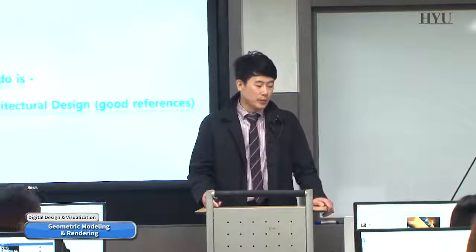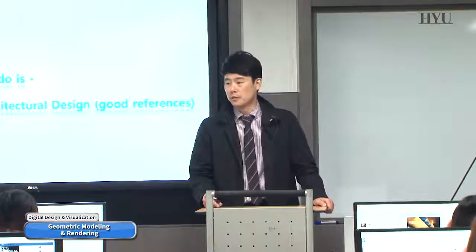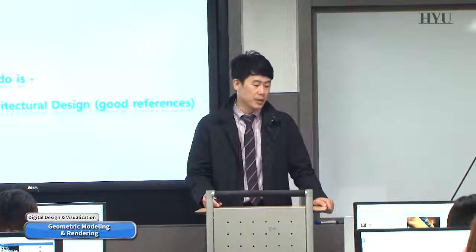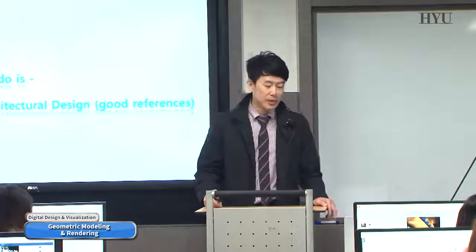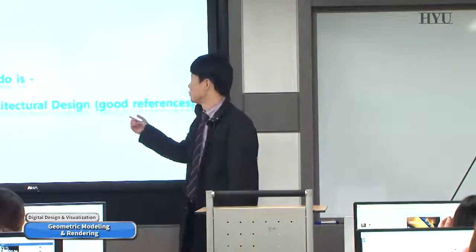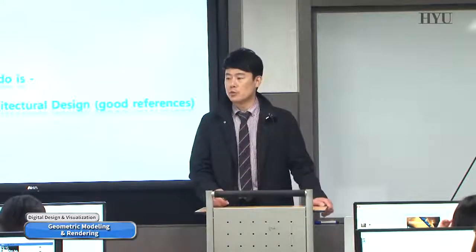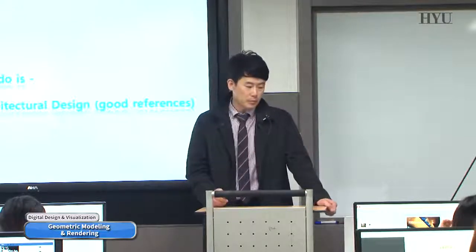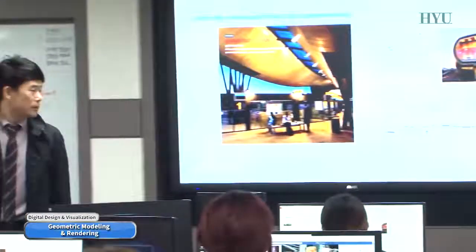So what you need to do is, for learning design computing, digital design and visualization, all for the same reason, refer to more architectural design. But there is a condition, good references, okay? Good references, that's what you need, okay? So let's take a look at some series of examples.